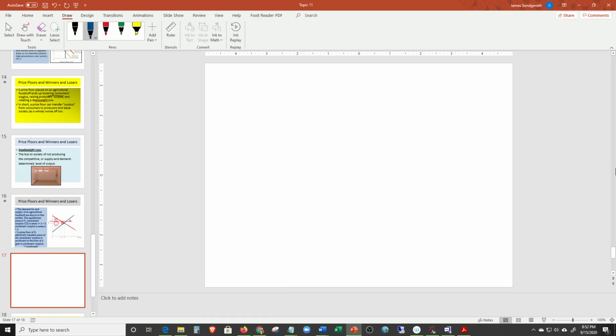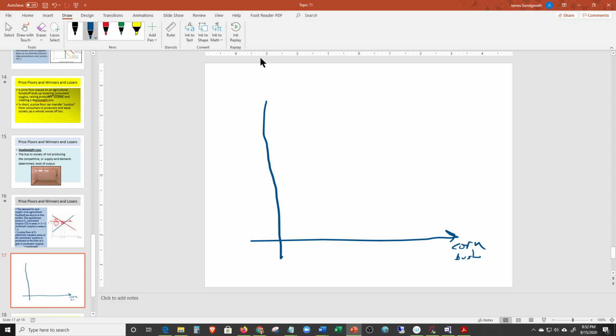So basically, in these agricultural products, if I can draw a supply and demand curve here, maybe we have corn. And this is in bushels. And I do this quite consciously. And this is price per bushel.